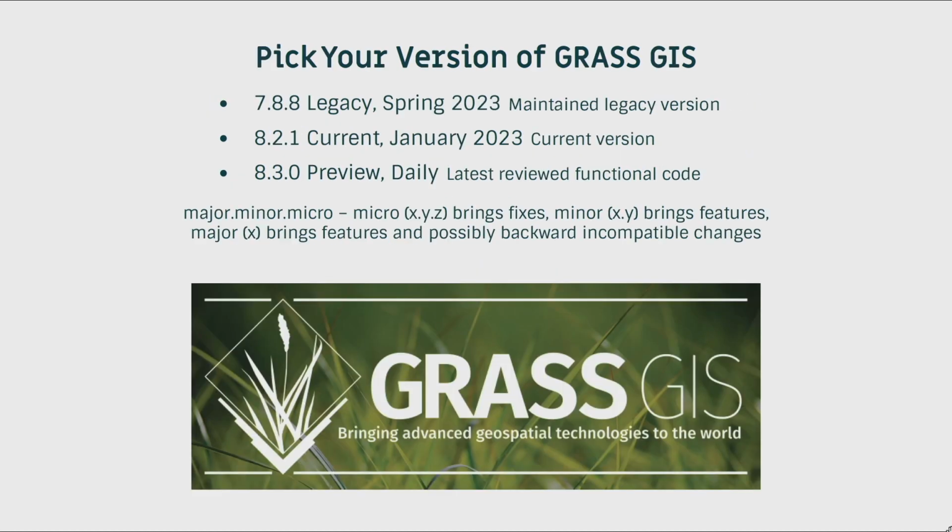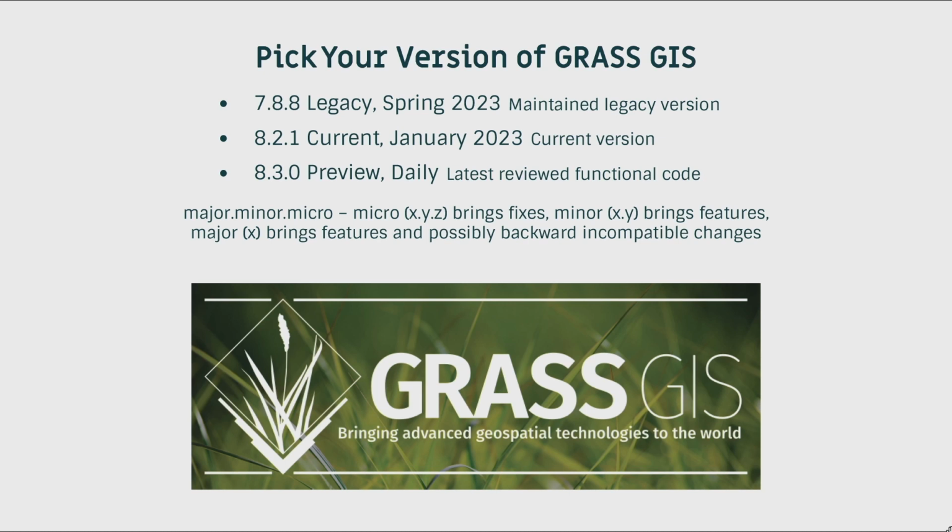So first tip is pick your GIS version. The current version is 8.2 with the latest update in January, but we also have a legacy version which we maintain. There is no reason for you to necessarily pick it up, but it's good to know that if you are for some reason stuck with an old version on an old computer or something like that, we are maintaining these old versions.